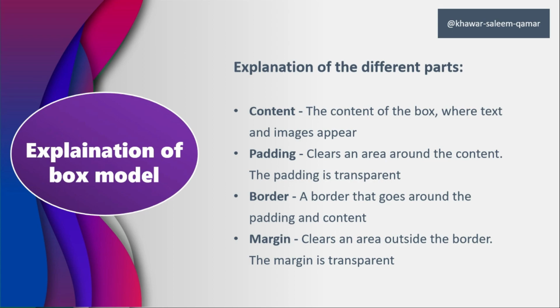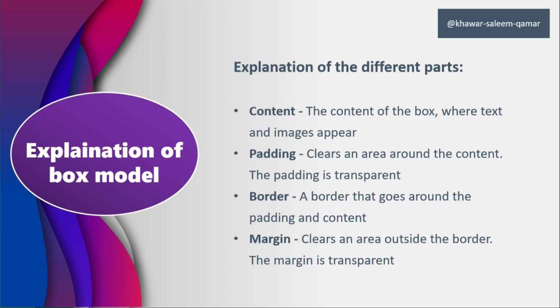First of all, the content of a box or the element is the text or image that appears inside that element. And second, padding. The padding is the space which is provided inside the border and outside the content, which means it is the space between the content and the border.